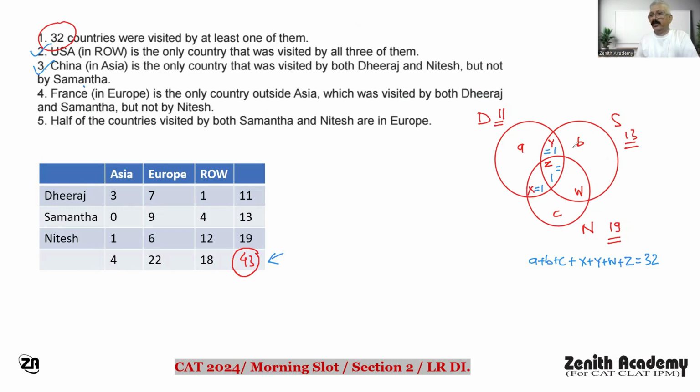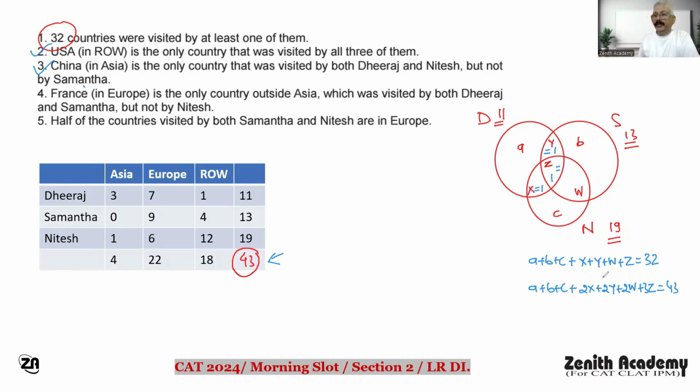It means, if you see this Venn diagram, then A plus B plus C, 2 times X, 2 times Y, 2 times W, so this is 2X, 2Y, 2W, and 3 times Z. This is actually equal to 43.